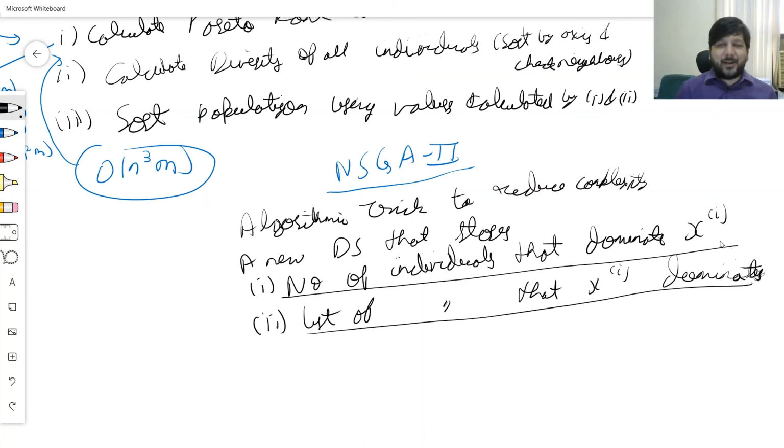And finding out rank 1 is itself an O of n operation because it's all the individuals such that the first value is equal to 0. I'm not going into any detail at all. It is absolutely an algorithmic trick. If you use this algorithmic trick, the complexity gets reduced.